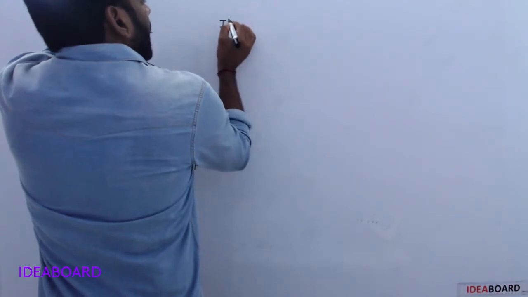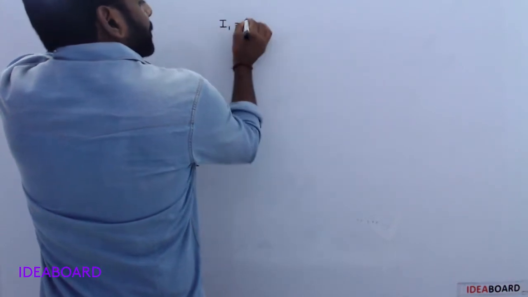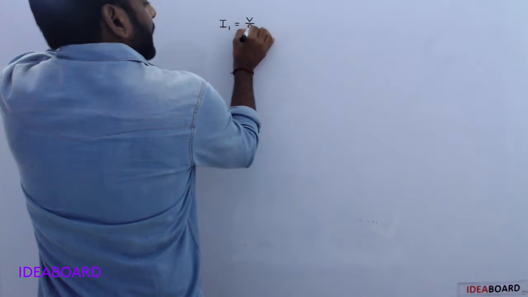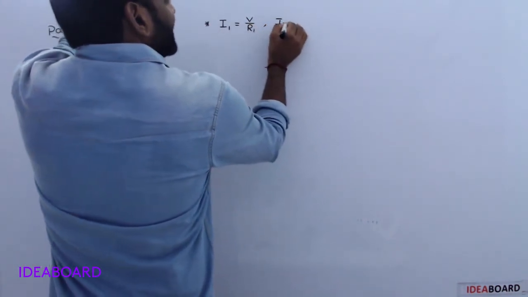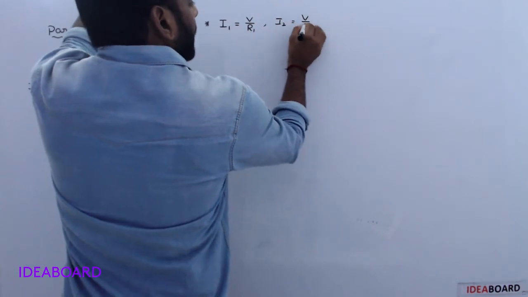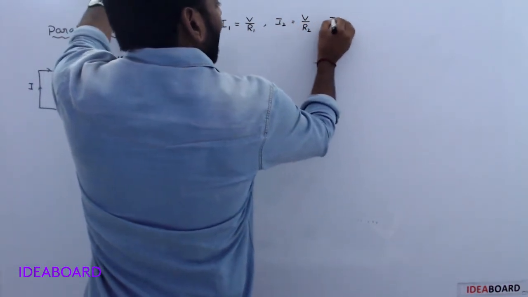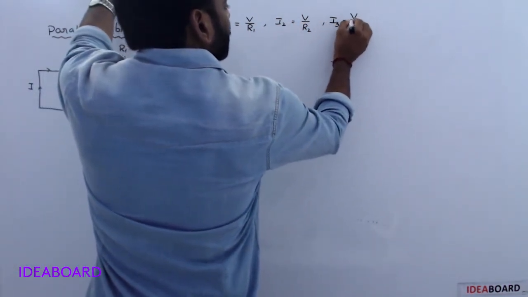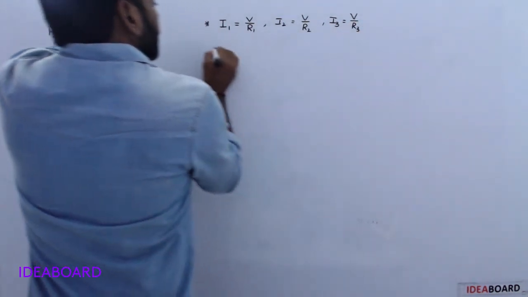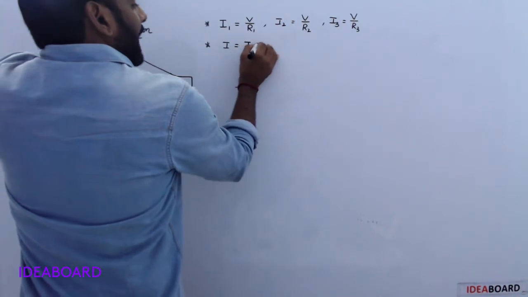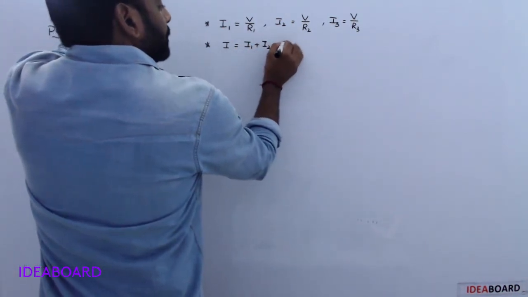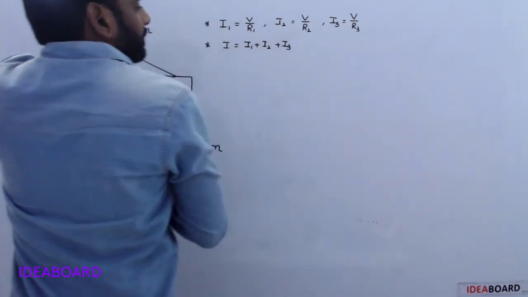Now here, total current. I1 is equal to V by R1. I2 is equal to V by R2. I3 is equal to V by R3. Now total current I is equal to I1 plus I2 plus I3.